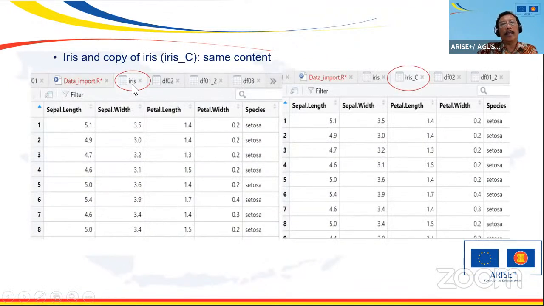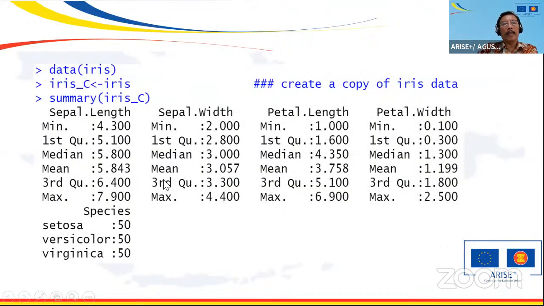And we compare the iris and the iris C, they are the same data. This is the summary, as usual. There is no missing value here, right? No missing value.